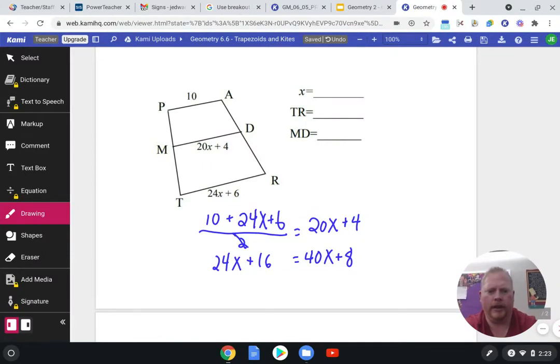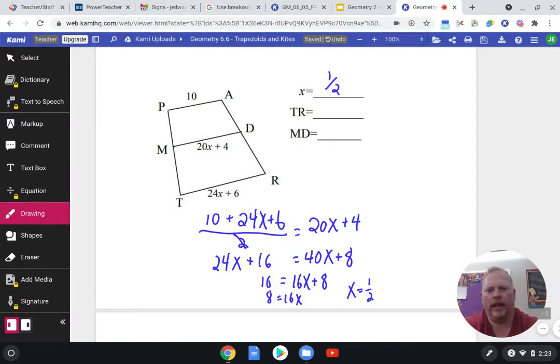Okay, now I can do some algebra, subtract the 24x from both sides. Subtract 8 from both sides. Divide by 16, and I get x equals 1/2. But they're not done with us yet. We've got to figure out the length of TR and MD.